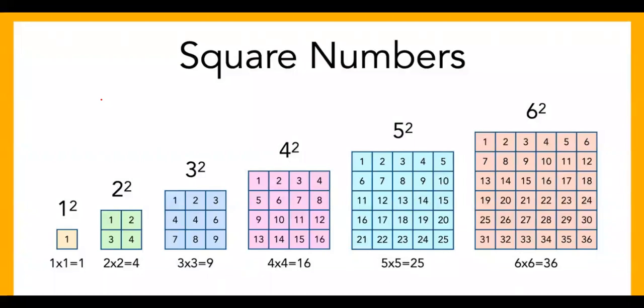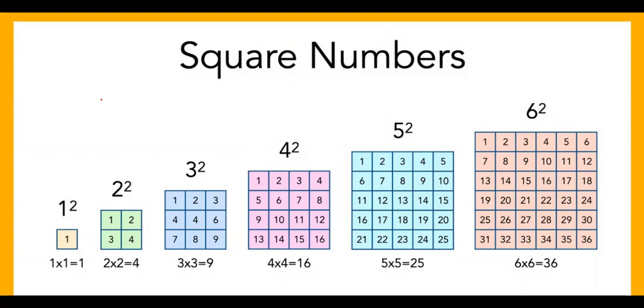Other versions say a square number is a number that can form a square. I think you can see from the picture there that we have quite a number of squares, that you get after taking that number and raising it to the power 2.